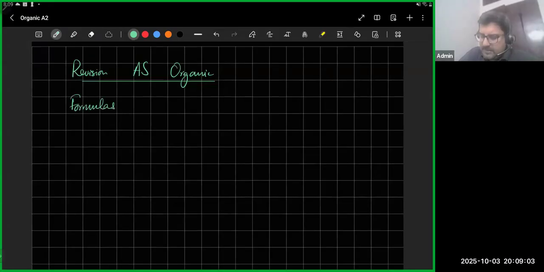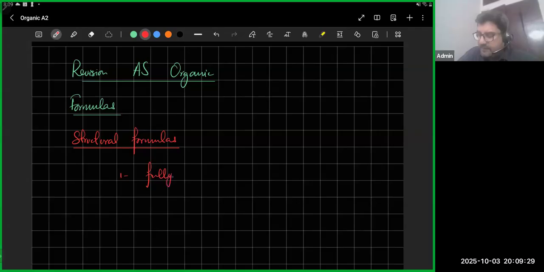Remember there are three types of structural formulas. I'm going to assume that you gave your AS exam, so I'm not going to go into detail with any of these. The first one is a fully displayed formula.